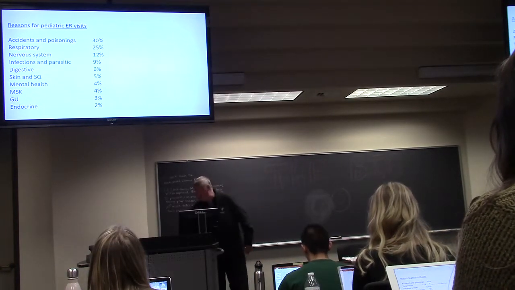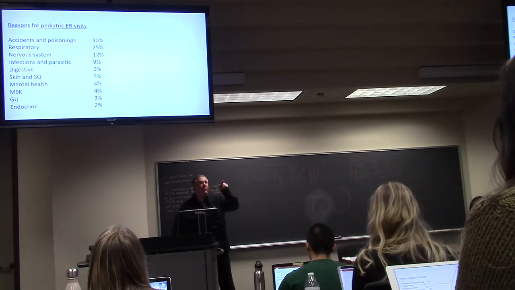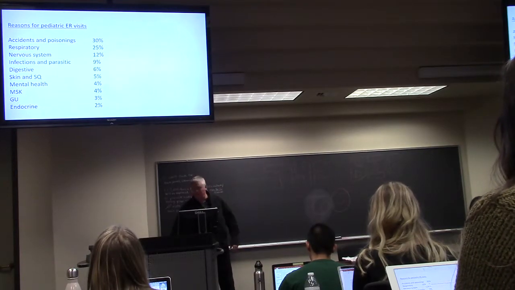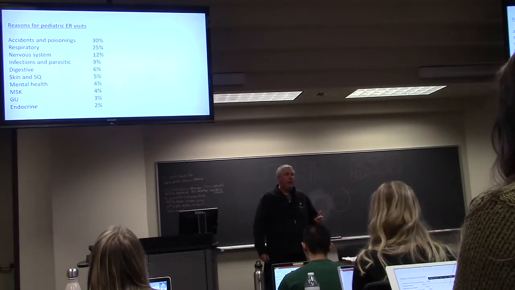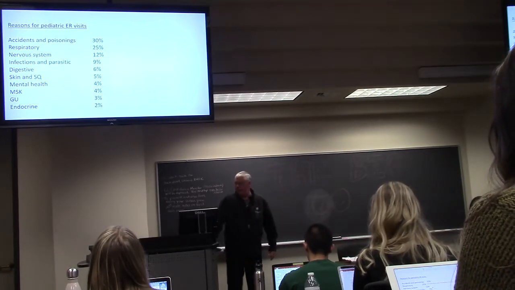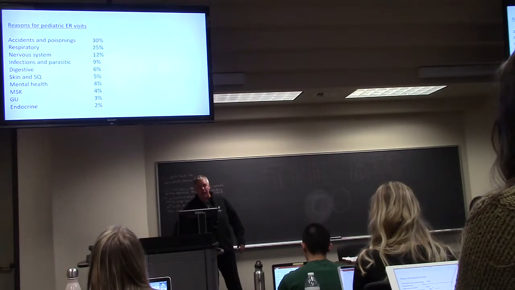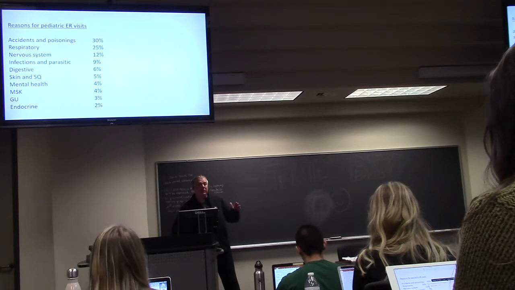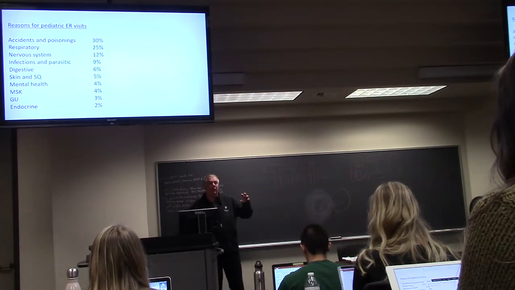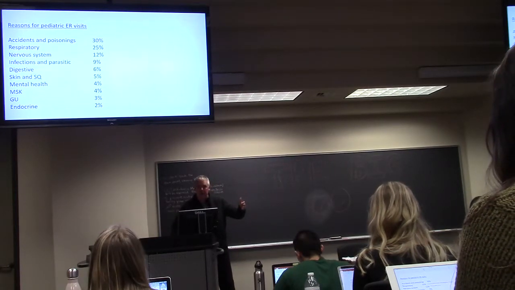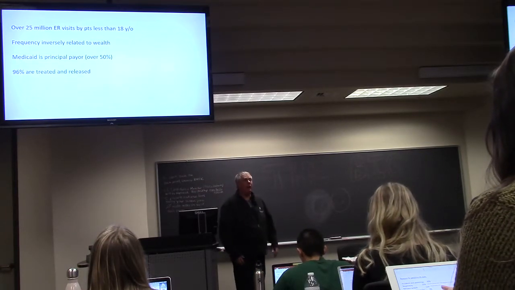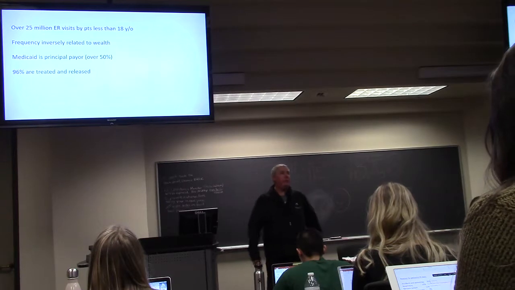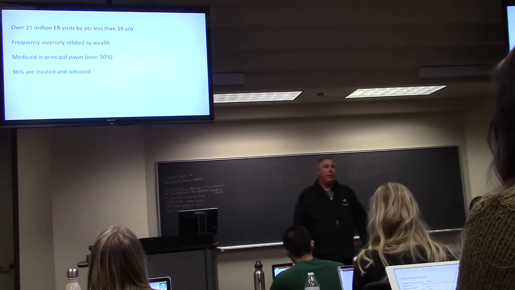You add up the respiratory and the nervous system being mostly seizure related or headache, then that is a lot of ER visits. And of course, accidents and poisonings. We're going to go into some of these things as we go through today, because they're all tied into pediatric emergencies. If you look at the frequency of visits, it's incredible.